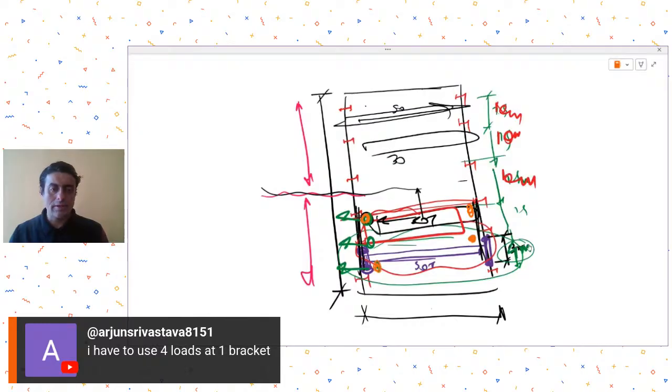Mr. Arjun is saying I have to use 4 loads at one bracket. What does that mean, 4 loads at one bracket? See, first you make the possible crane arrangements for your gantry girder. See what the different types of loads are that may have to be taken by one gantry girder.